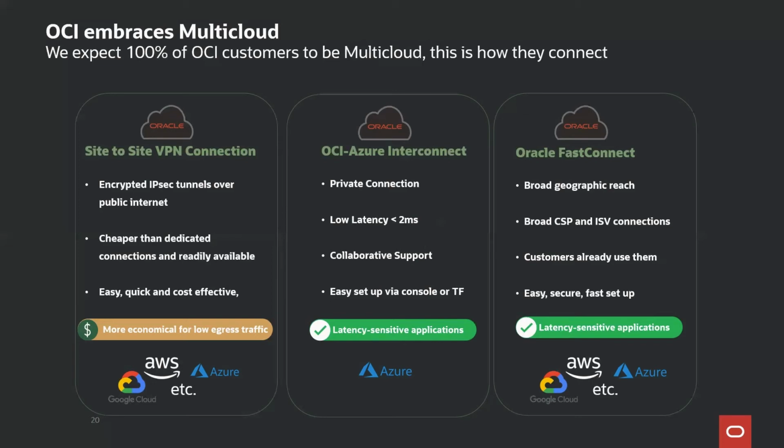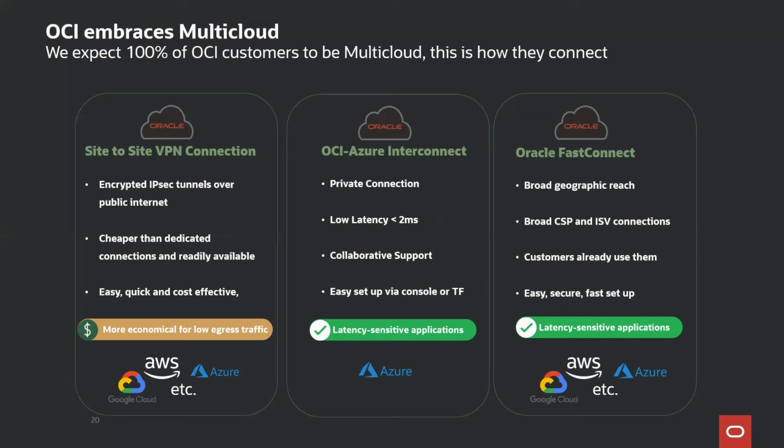We've also developed a collaborative support agreement with Microsoft. So support tickets that are opened on one cloud provider's support arrangement would be seamlessly transferred to the other one, and we can both collaboratively support it. We want to avoid any type of finger pointing. And it's extremely easy to set up.